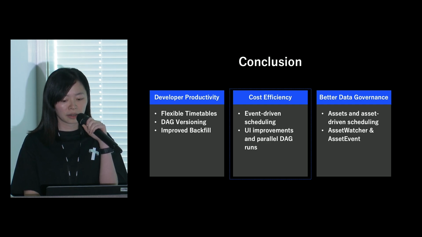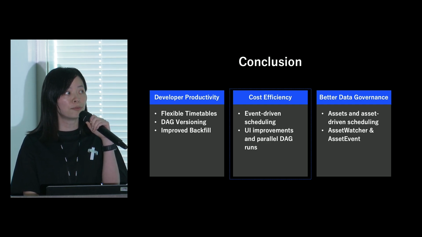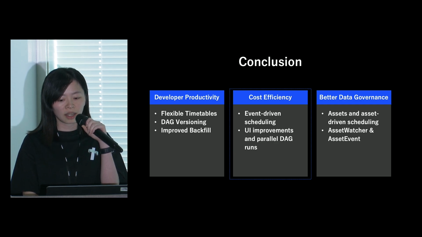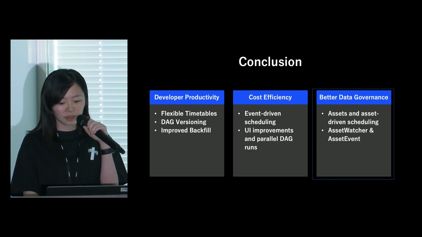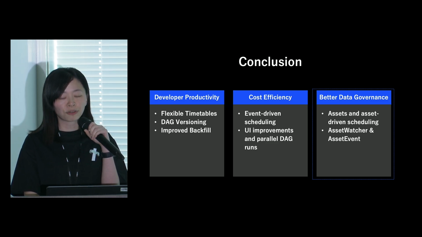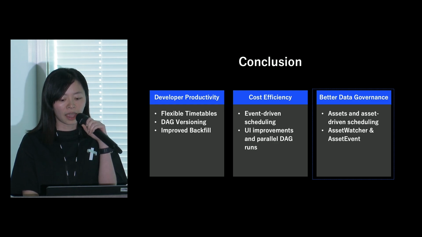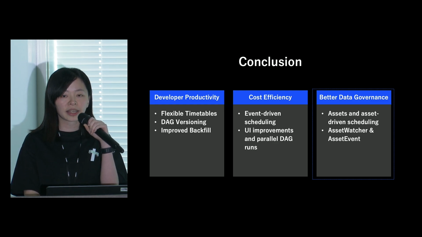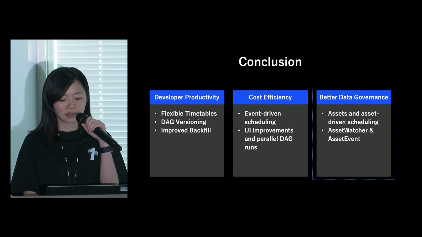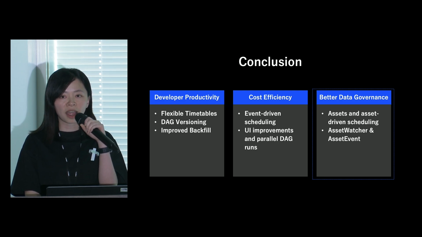UI improvements and parallel DAG runs improve monitoring and execution. Third, better data governance. Assets and asset-driven scheduling provide clear lineage and dependency checking. Asset Watcher and Asset Event enable real-time data workflows via external triggers. Airflow 3 helps teams move faster, operate smarter, and build more reliable data systems.